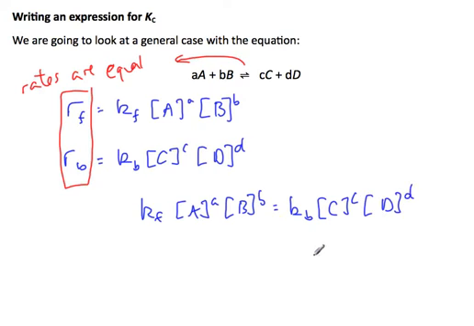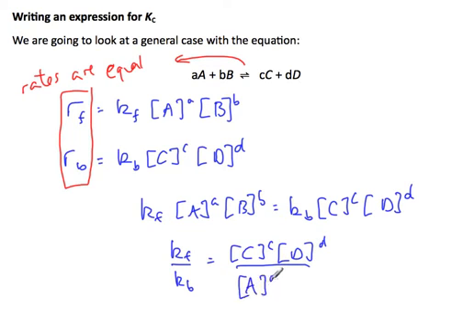If we isolate the concentrations, which is typically what we end up doing, we end up with an expression like this: KF over KB equals [C] to the c times [D] to the d over [A] to the a times [B] to the b.